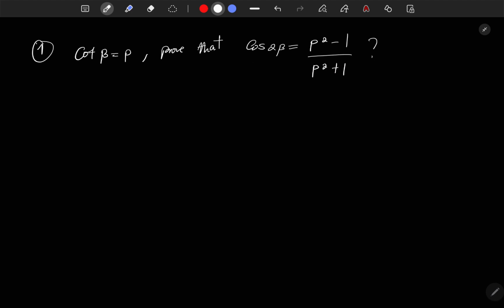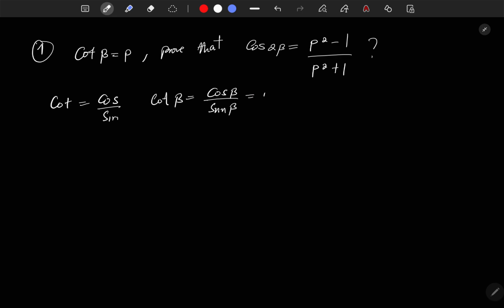All right, so we know what cot is. Cot is just cosine over sine. So in our case, if we say cot beta, we mean cos beta over sine beta, right?